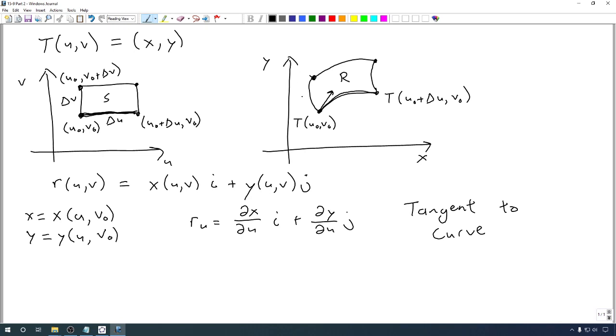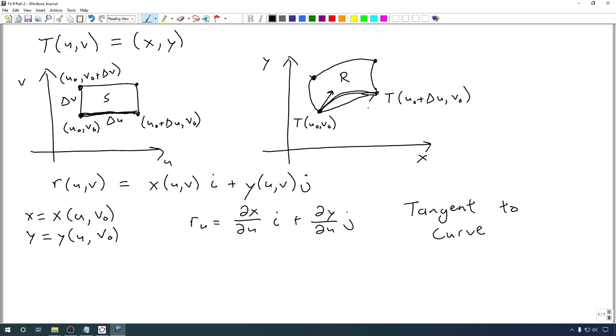Now, we're also going to work with another vector. Let's look at the vector that comes from this base point to this point over here. So we have some vector that points from here to here. That means we just plug in u naught v naught and u naught plus delta u v naught into t.